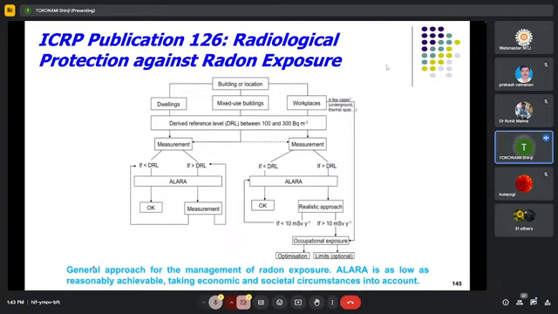Here's the general approach for the management of radon exposure. Building or location. In the case of dwellings, there is a derived reference level, DRL, between 100 and 300 becquerel per cubic meter.